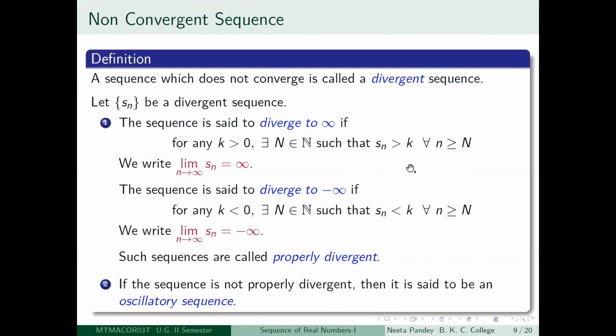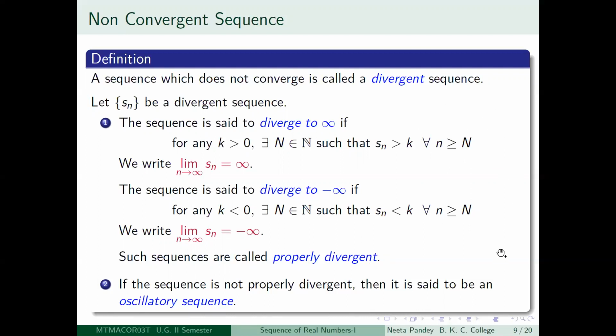Oscillation, remember, is a term used when we are talking about pendulums, where you are just oscillating between two numbers. That was the first example one had considered, so the terminology comes from there. Any sequence which is not properly divergent is an oscillatory sequence. But it now encompasses all these, and there are many examples of not properly divergent sequences which will not, in the classical sense, oscillate between two points.